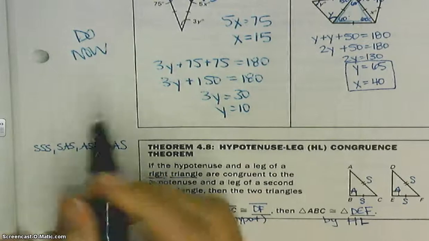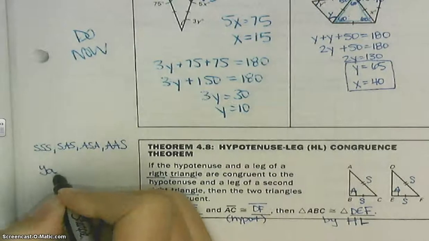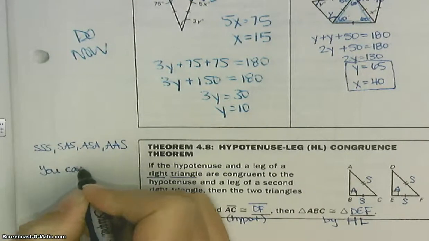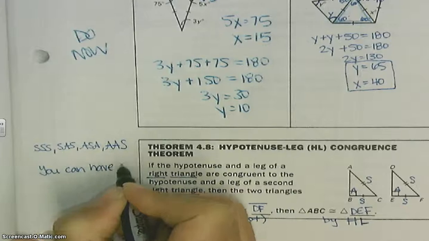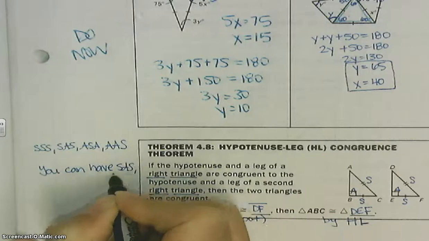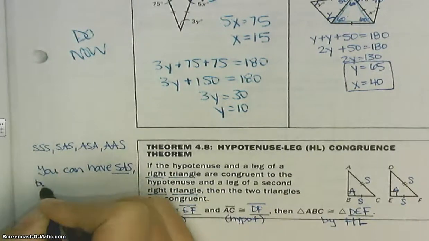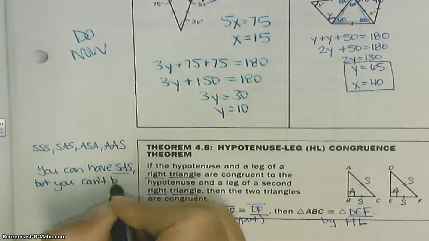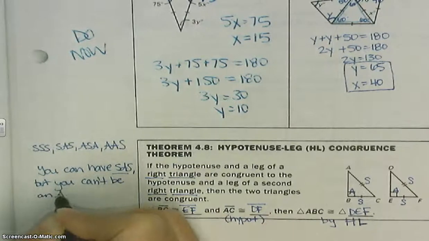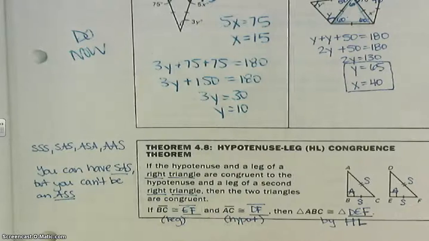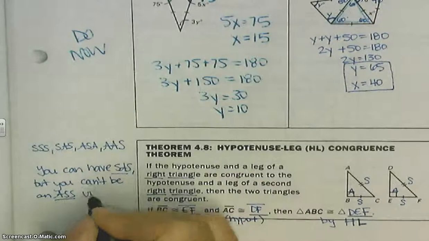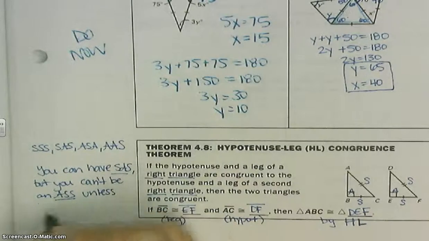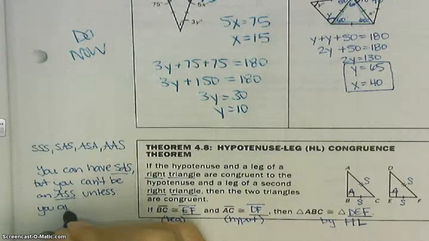So we're going to add on to our little phrase today to remember HL. If you remember previously, we said you can have SAS, right? You can have side angle side, but you can't be an ass. Now we have an exception, unless you are right.